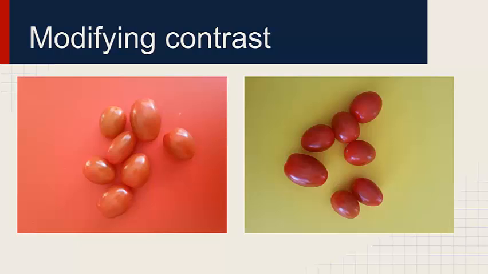On the right-hand side, though, you'll see that the tomatoes are on a yellow chopping board, and you can see naturally how I have modified the contrast between the object, the tomato, and the background being the chopping board. And that's really important to explain those tips and tricks to your patient because they will be able to modify their environment often themselves.